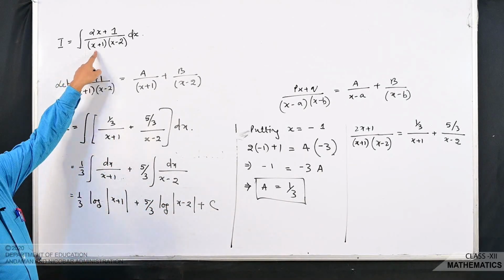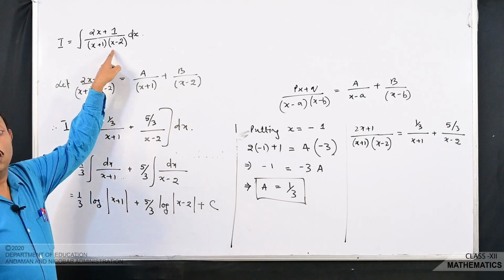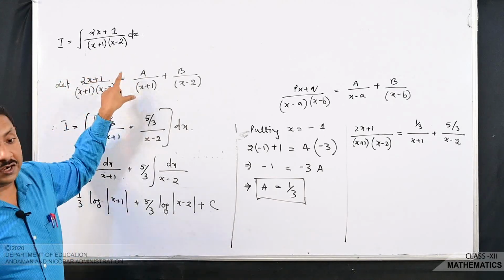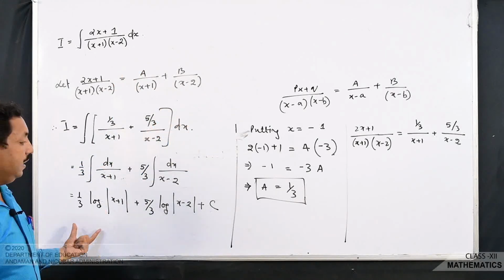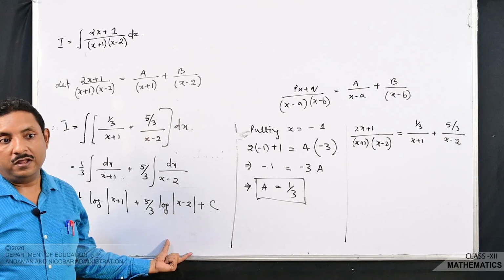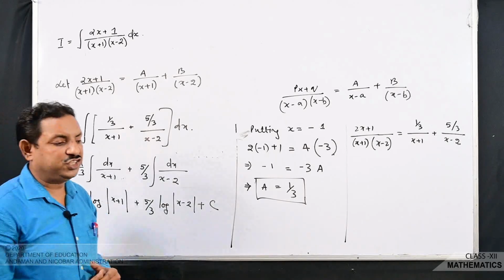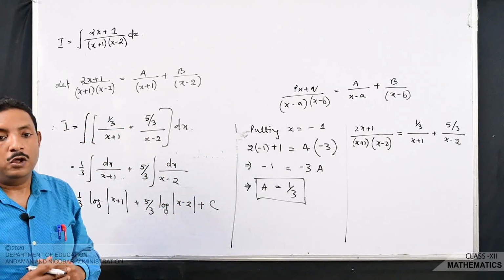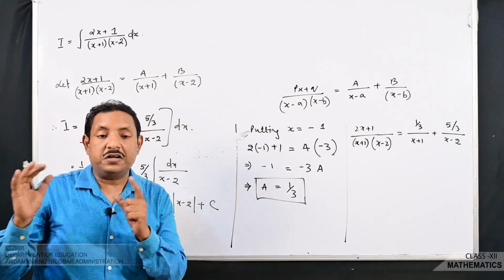I made this integration, given in quadratic form, in the factorable form, and I made two separate terms over here, and then I did the integration. Very simple integration. The main thing in this partial fraction is to make the parts, to make the parts separate terms.